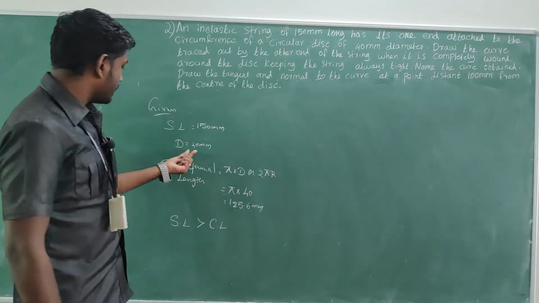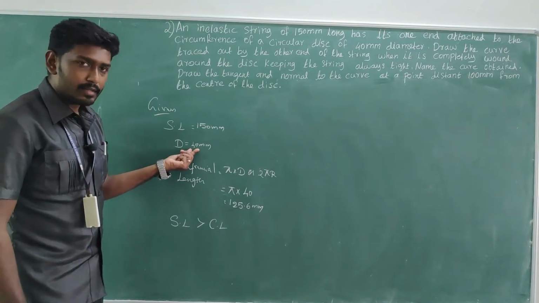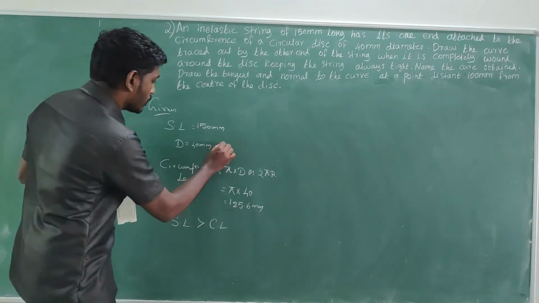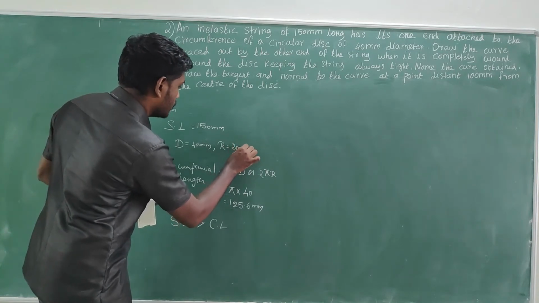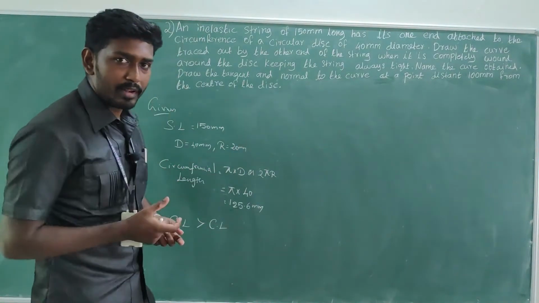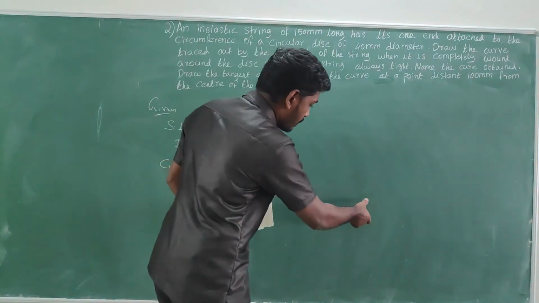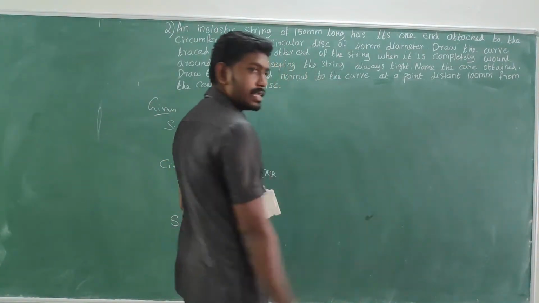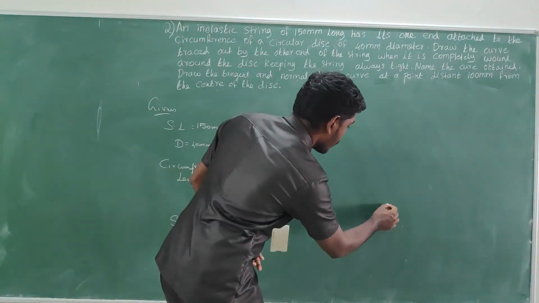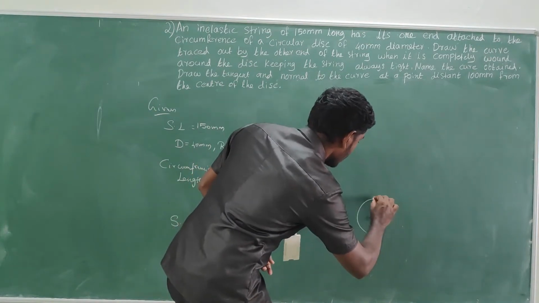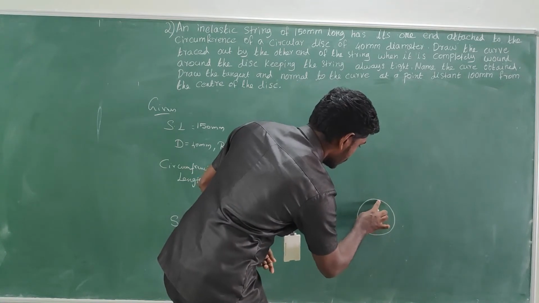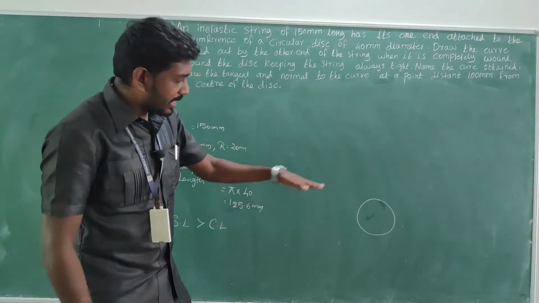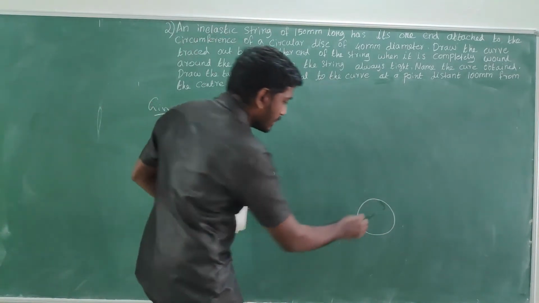First go with the diameter, which is given as 40 mm, so the radius of the circle is 20 mm. Take 20 mm in your compass, place it at a point, and draw a circle. Now divide it into 8 equal parts.